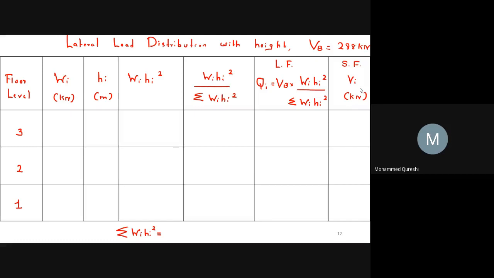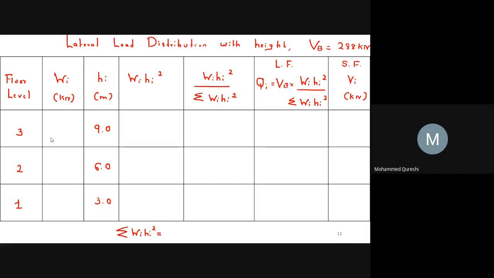Now, we know that for first floor level, the height is 3. For second, 3 plus 3, as we have to calculate the height of floor from the base. And here will be 9. Now, we had already calculated the value of Wi in our first step.